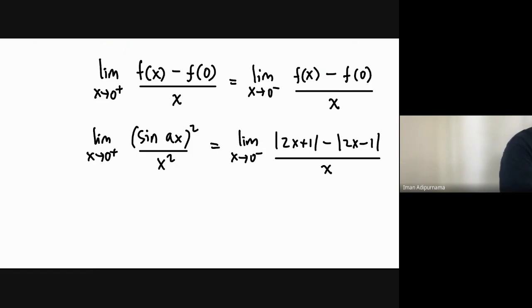Now for the sine one, we can use a similar method. We need to have sine and we need to have a here, right? The a squared, so we need to multiply with a squared here. This is a squared. So this will result in a squared multiplied by 1.